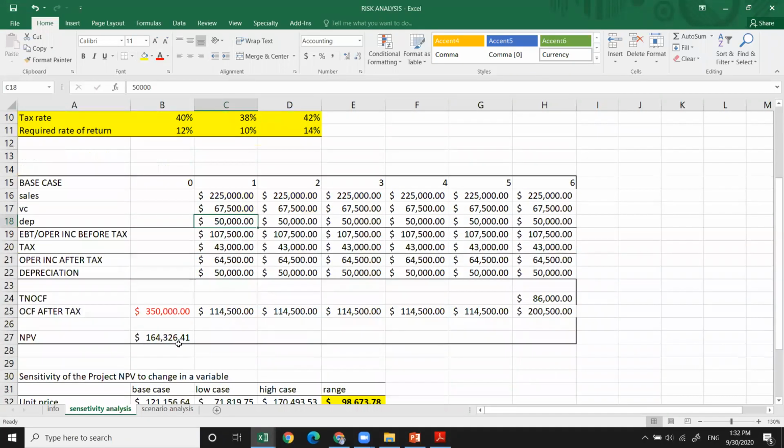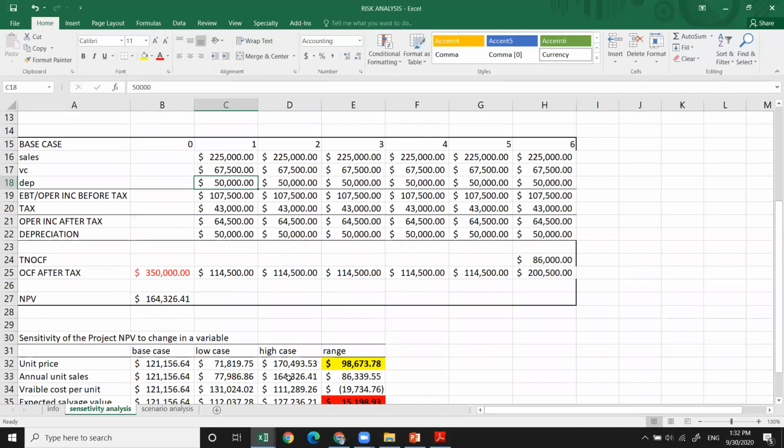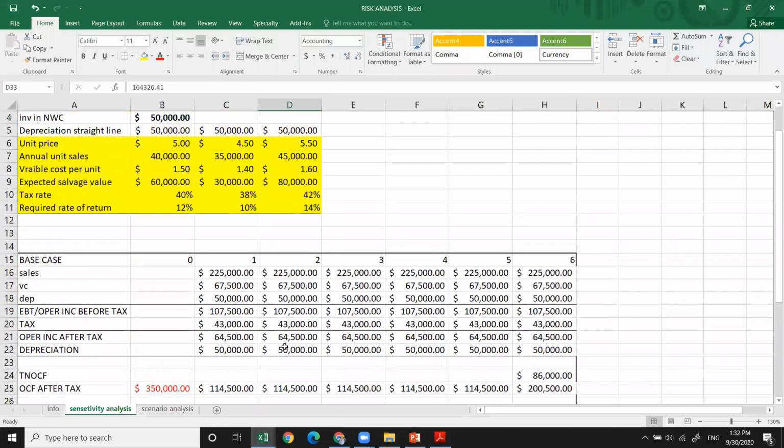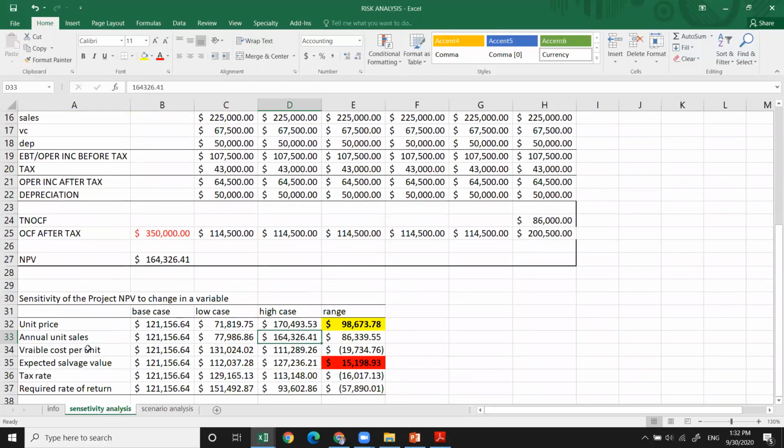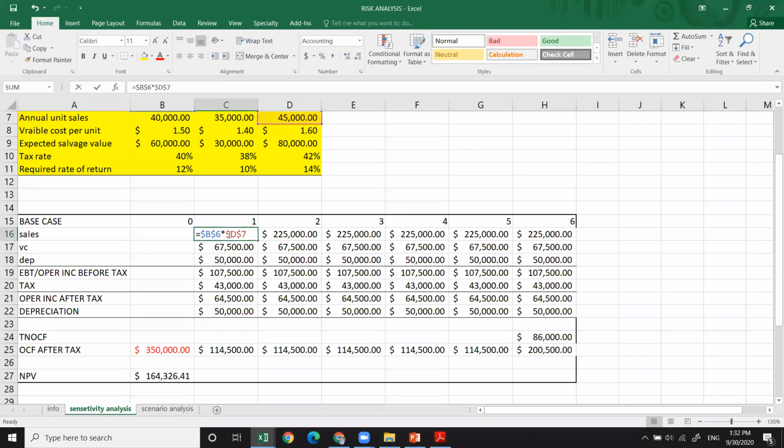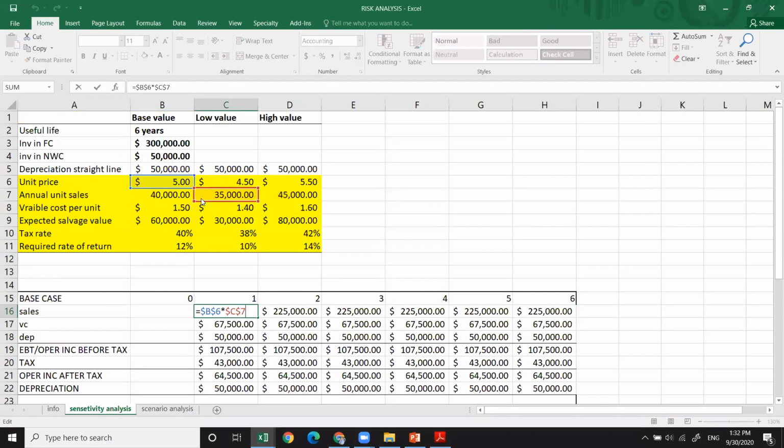Now my NPV is 164, okay? So I'll have to move to variable cost per unit, but let me put everything back. Like nothing changed.